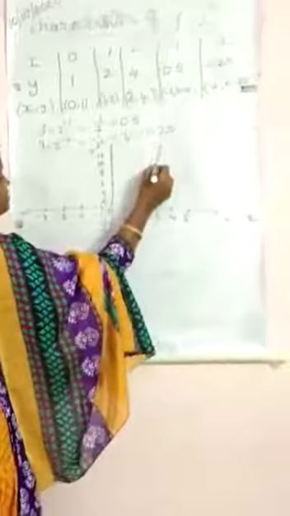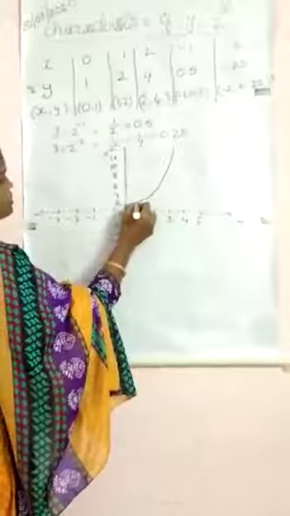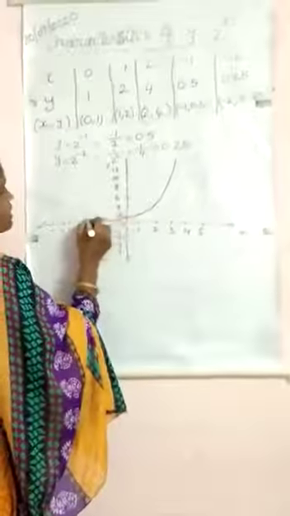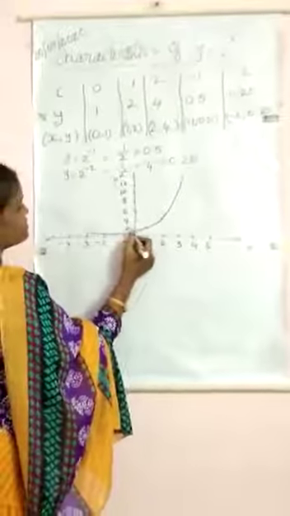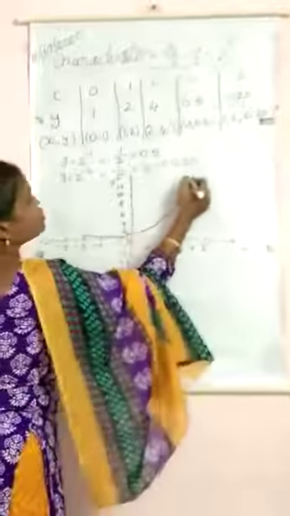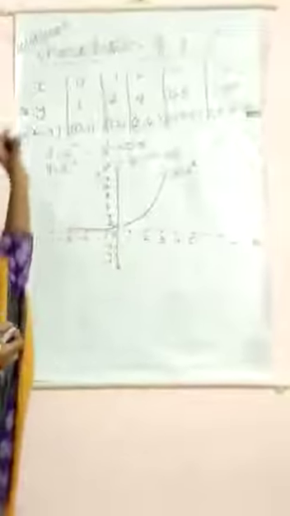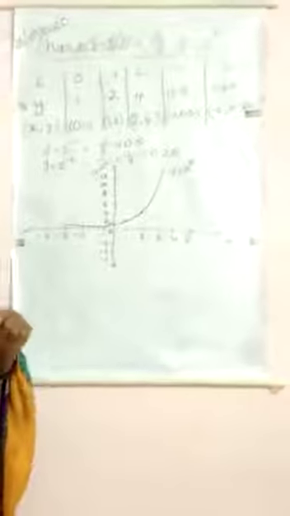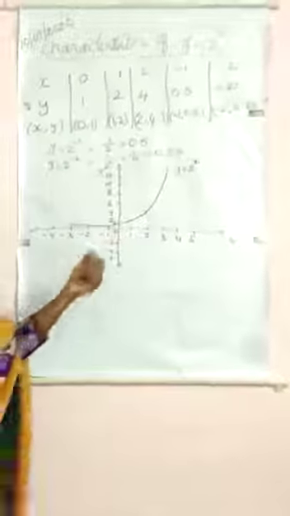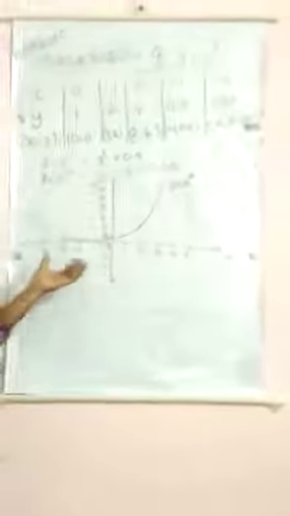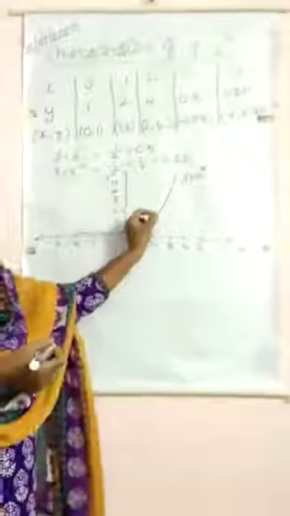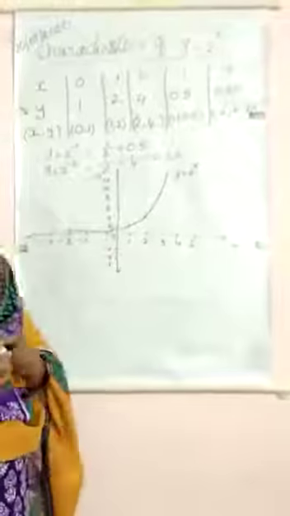If we plot these and join the points, we get the curve like this. So this is the graph of y is equal to 2 power x. Now you have to know the characteristics of this graph by observing it. Does this graph cut the x-axis or not?